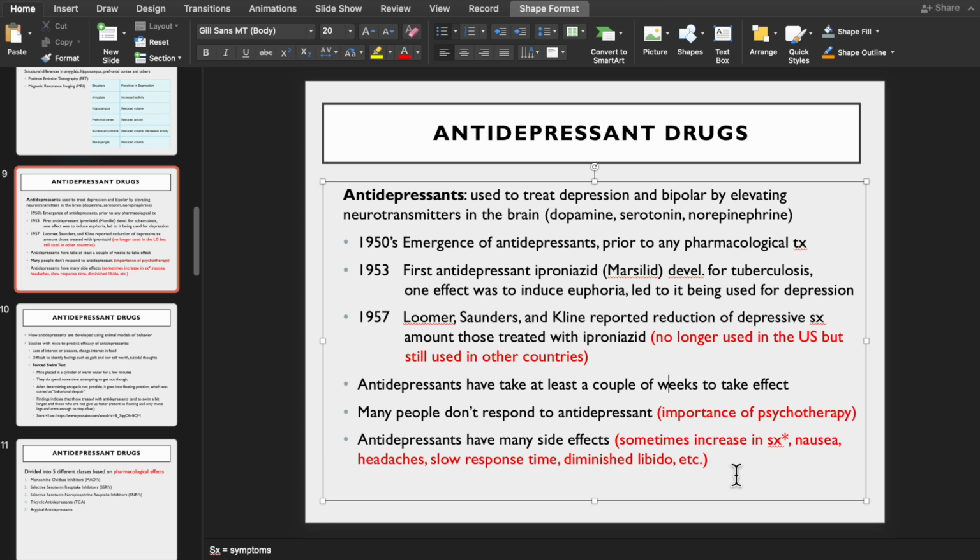Antidepressants also may have side effects, so sometimes they increase the symptoms, make the person feel worse, cause nausea, headaches, slow response time, diminished libido. So imagine if all that happened to you. If you're already depressed, and we've all been depressed, maybe even slightly depressed at some point, imagine feeling all those things on top of already being depressed. That must be awful.